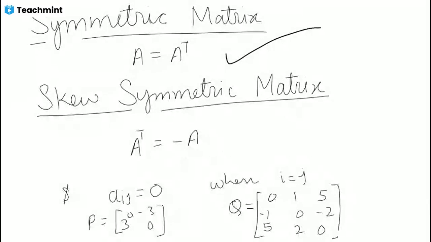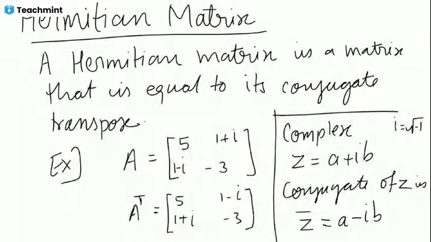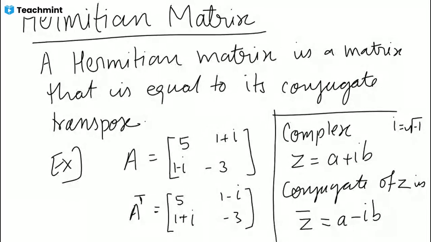Similarly with Hermitian, here we take the conjugate transpose and the matrix, which means they are equal. This is equal to its conjugate transpose. But in skew we'll take its negative, along with the negative sign.